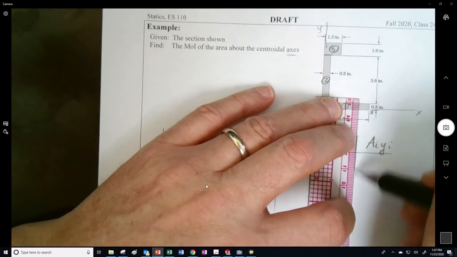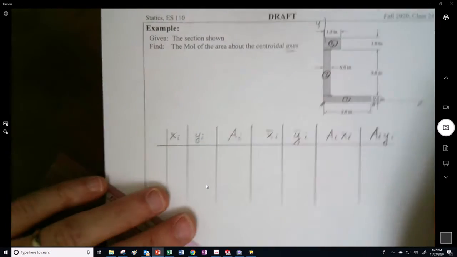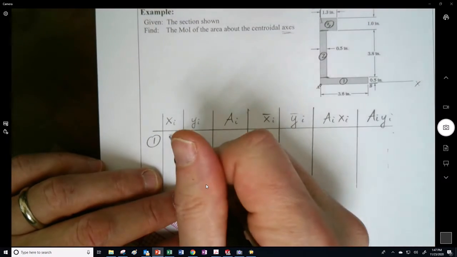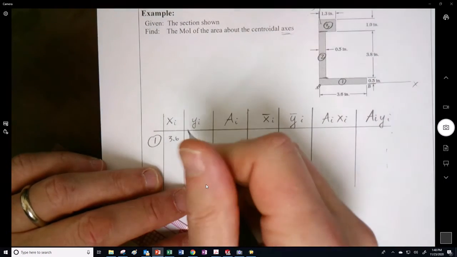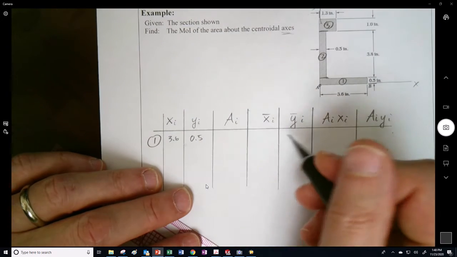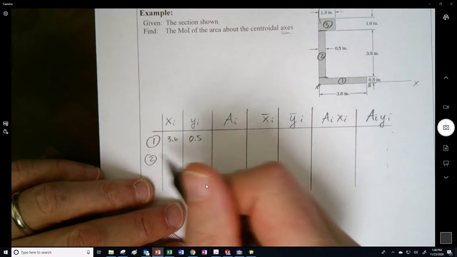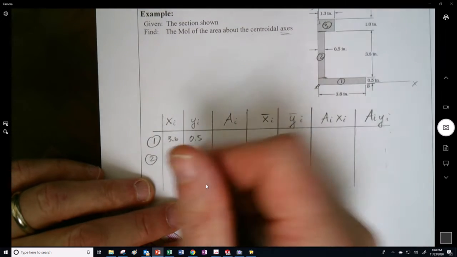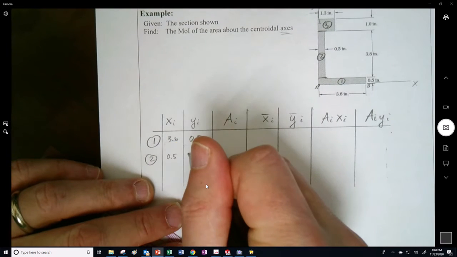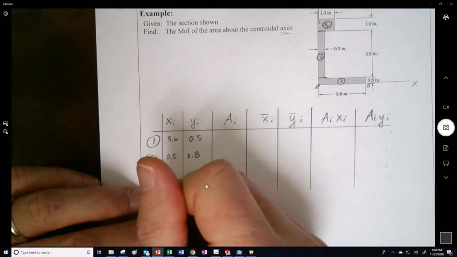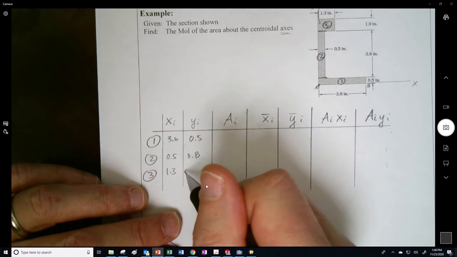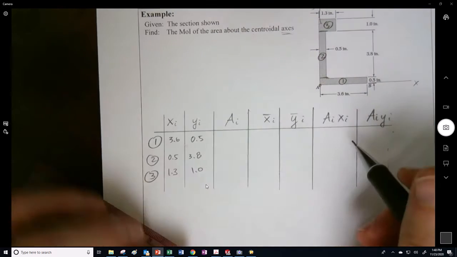It depends if you're going to write out the equations inside the columns, which is often a good idea. So for 1, we have 3.6 wide, 0.5 tall. For 2, we have 0.5 wide, 3.8 tall, and for 3, we have 1.3 wide and 1.0 tall.